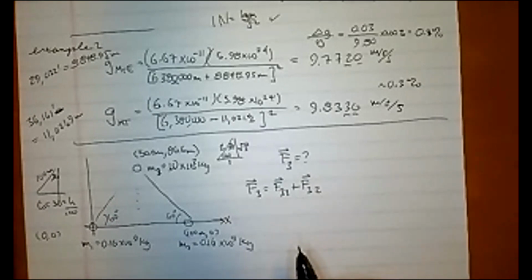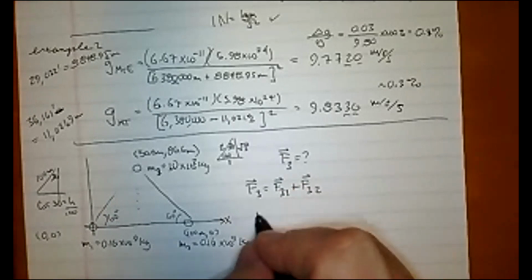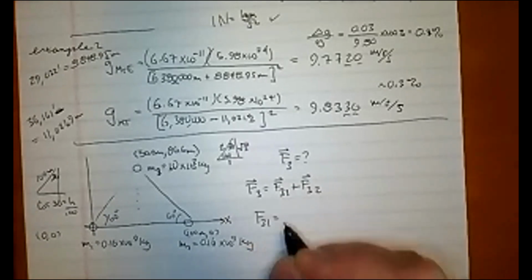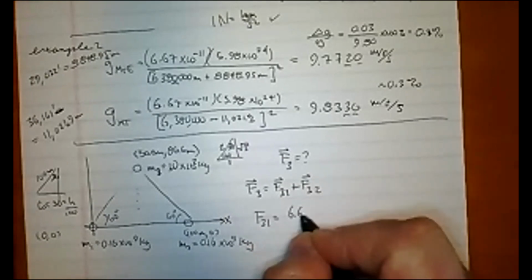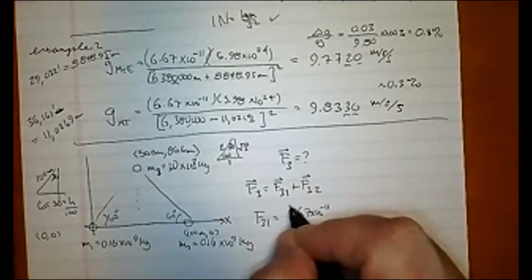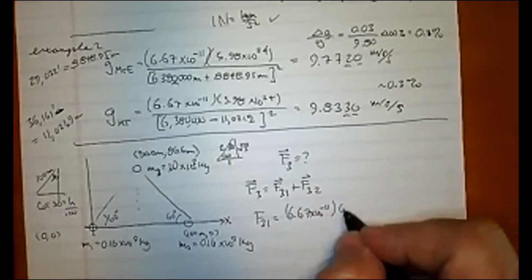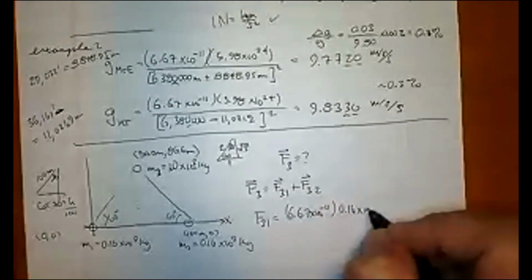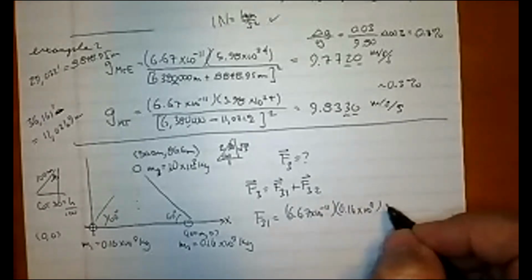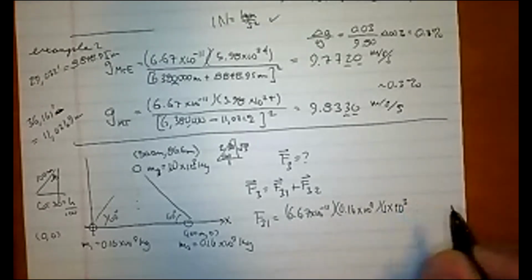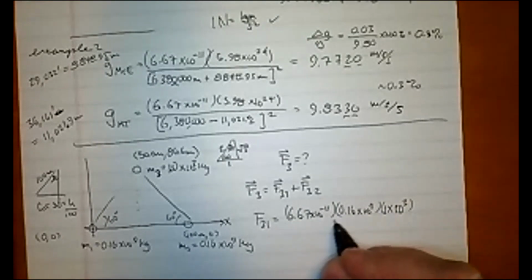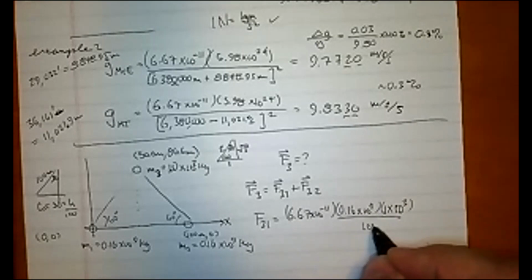You just treat everything as plus, and we use that just to calculate the magnitude. So let's, for instance, calculate the magnitude of F31. Well, F31 is equal to 6.67 times 10 to the negative 11 times 0.16 times 10 to the 9 times 1 times 10 to the 3 over 100 squared.